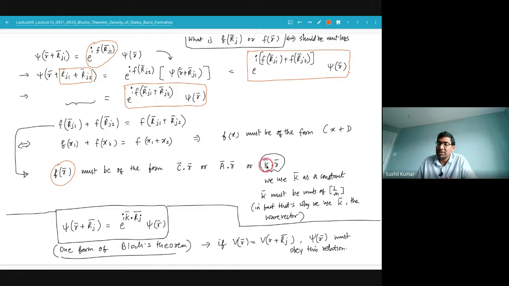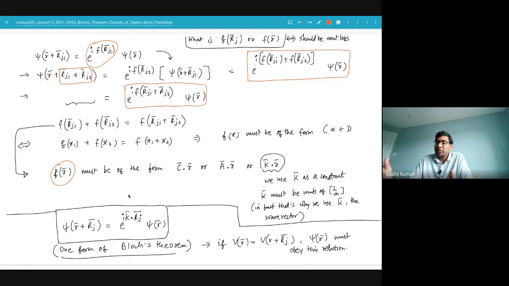Whatever constant appears here must have units of 1 over distance, because anything that goes in the exponent must be unitless. So we start calling this function k dot rj.